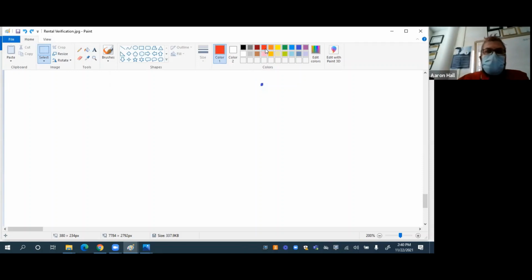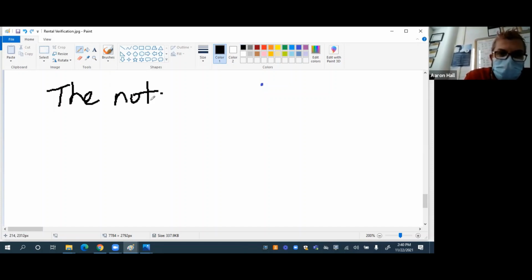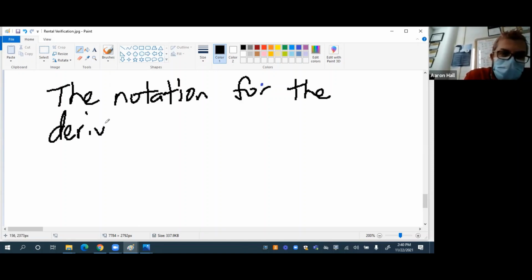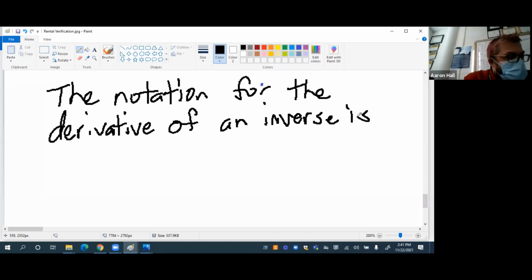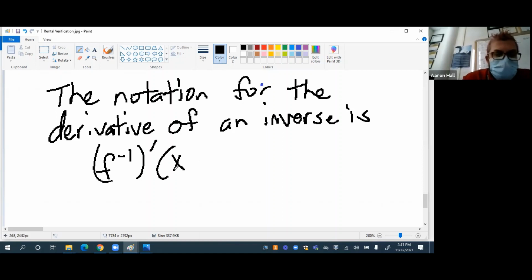The notation for the derivative of an inverse is f inverse of x, prime of x.